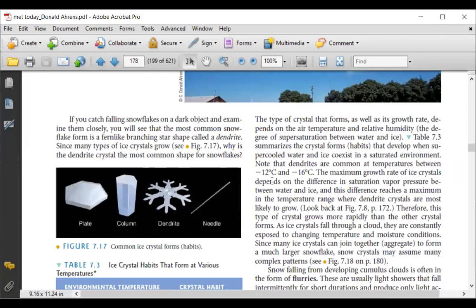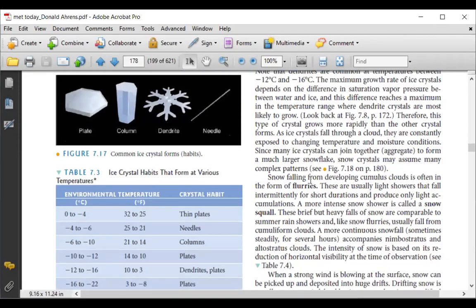That was not 12 degrees, it is minus 12 degrees and minus 16 degrees. I said the ground temperature should be 12 to 16 degrees, but actually it is not the ground temperature. It is the temperature of the snowflakes where they have been formed, inside the clouds, that is minus 12 degrees to minus 16 degrees centigrade.